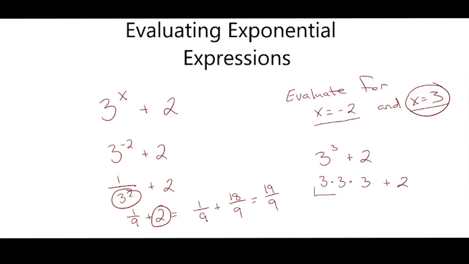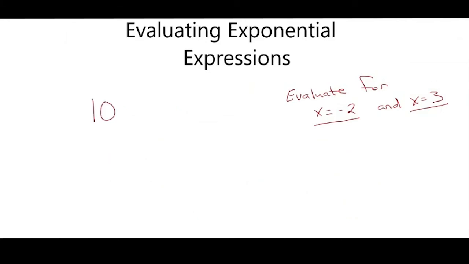Well, 3 times 3 is 9. 9 times 3 is 27. So this will be 27 plus 2, which is 29. So our two answers when we plug in -2 and 3 are 19 over 9 and 29.